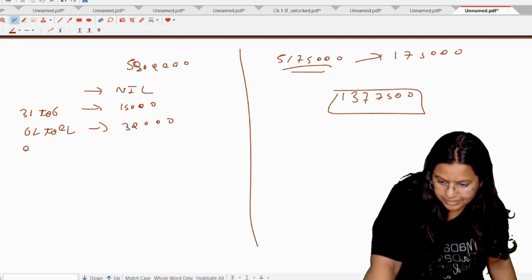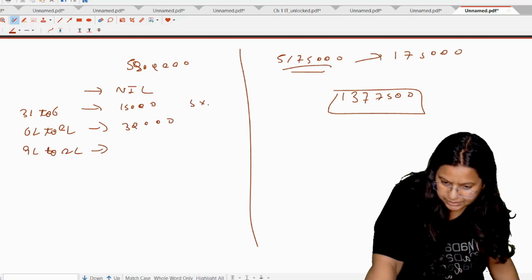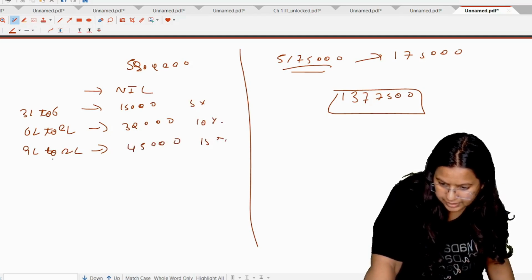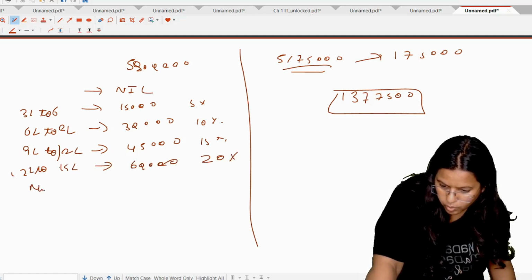Then 9 lakh 1 to 12 lakh, again an additional 3 lakh rupees, so 5%, 10%, 15%, it means 45,000. Then students, 12 lakh 1 to 15 lakh, the tax rate was 20%, so 60,000 rupees.